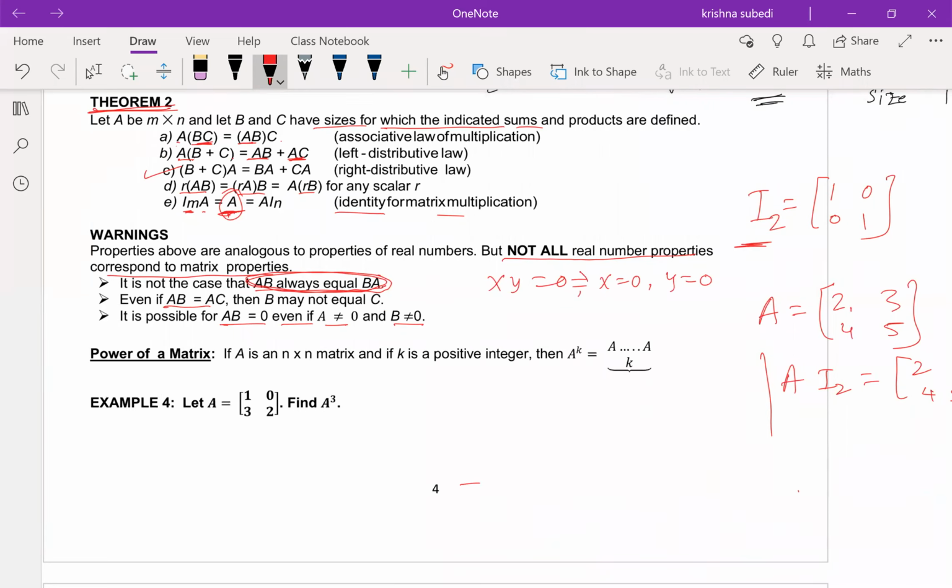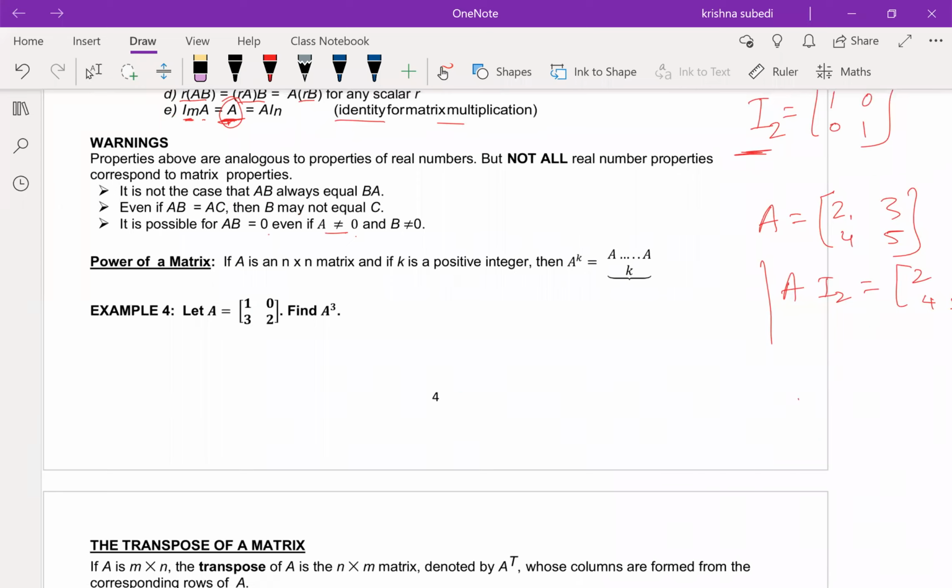But in the case of matrices, it doesn't work that way. The product of A and B can be 0 without A being 0 and without B being 0. These are some warnings, because people sometimes try to relate this to their algebra knowledge, and the properties are different in the case of matrices. Just keep that in mind.